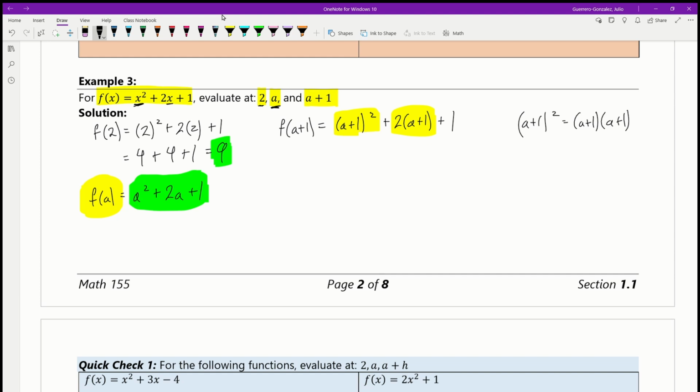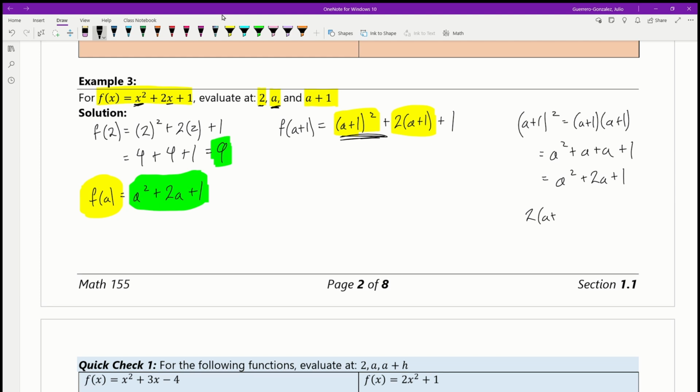All right, here we go. First, outer, inner, last, so it's going to be a squared plus a plus another a plus 1. The middle two, they collapse, right? a squared plus 2a plus 1. Okay, so we have this bit.